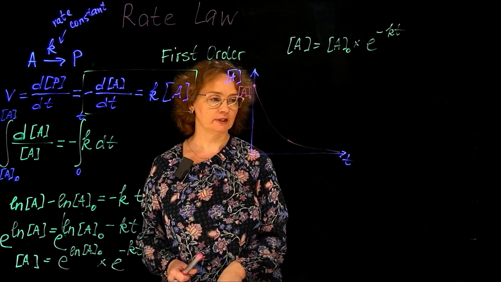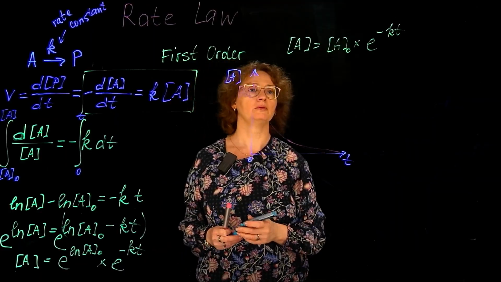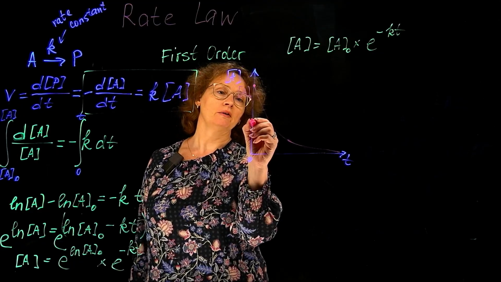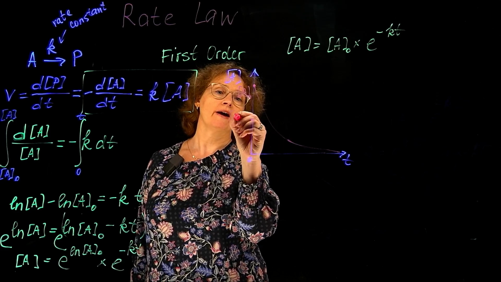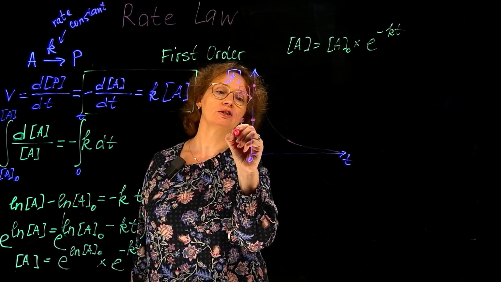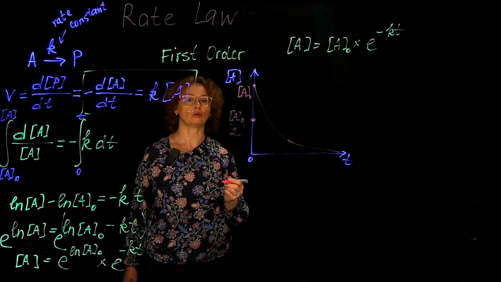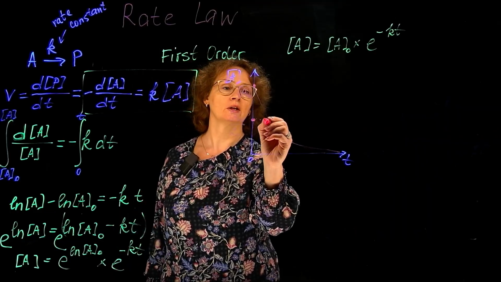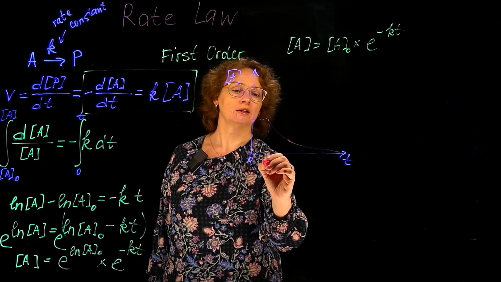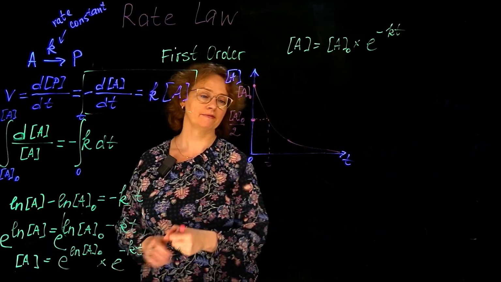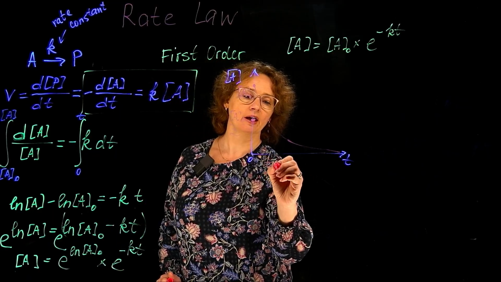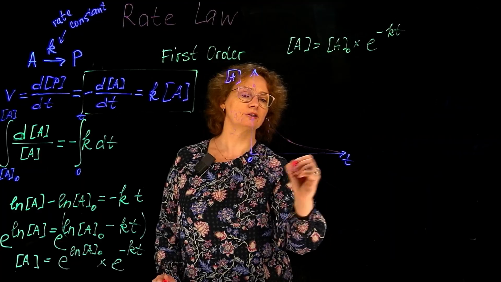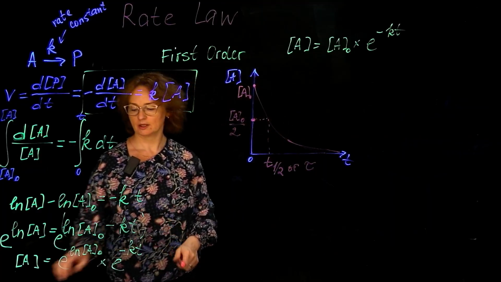And here we have time from 0 to any time point. But it will be interesting to know at what time point the initial concentration has decreased twofold. So this time is called the half-life, and it is designated by either t 1/2 or the Greek letter tau.